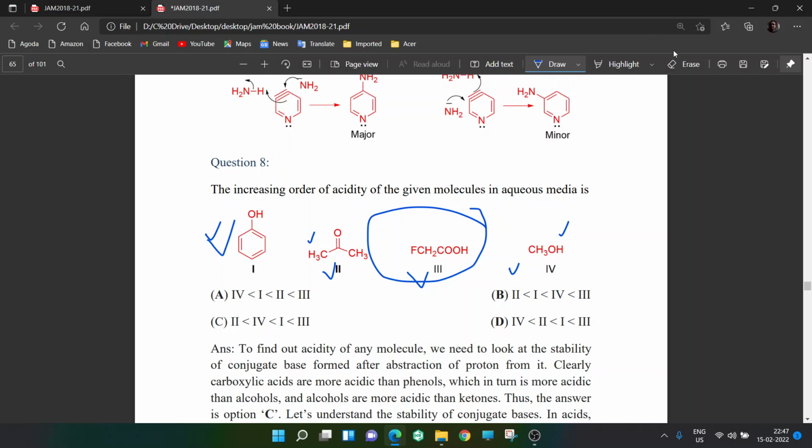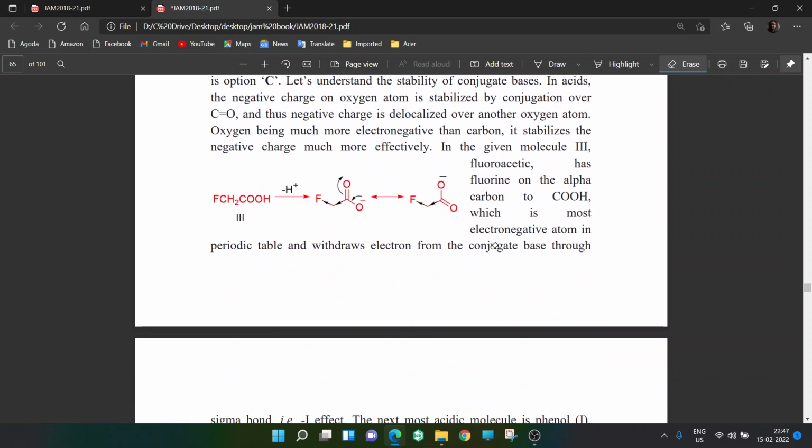Let us look into the reasons. See, what happens is, if you remove the proton from this, you get O minus. This O minus is stabilized by resonance through this oxygen. This negative charge is not localized on one oxygen.